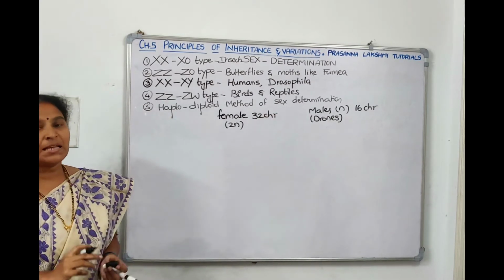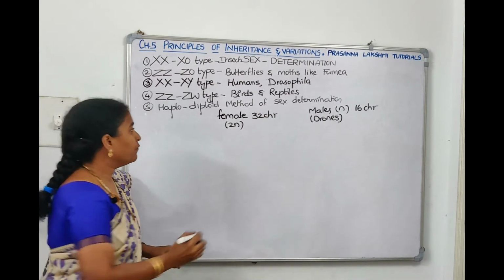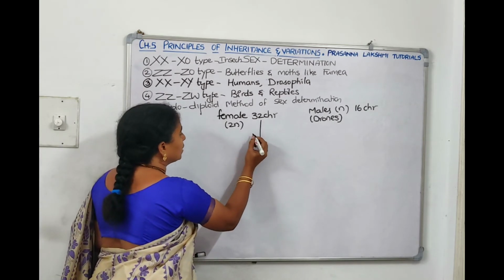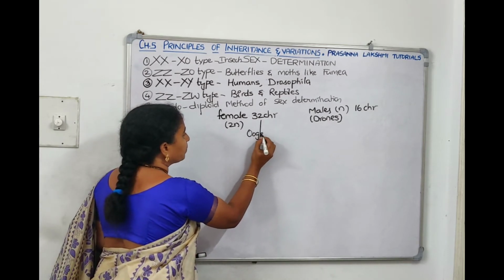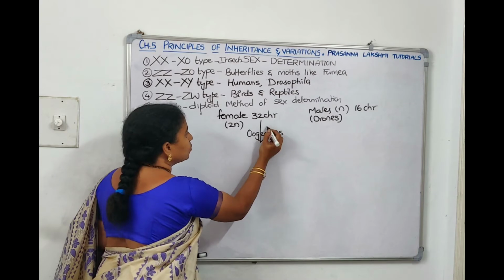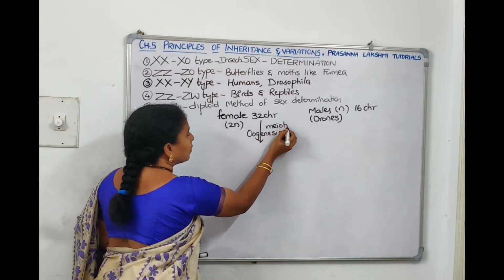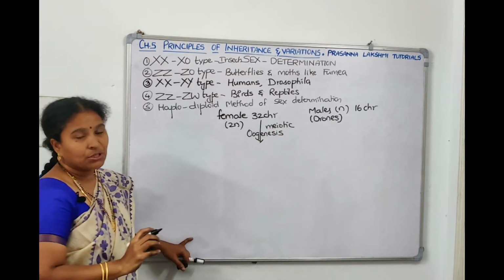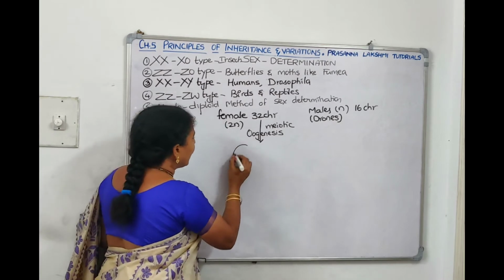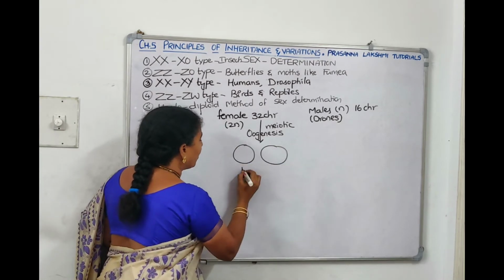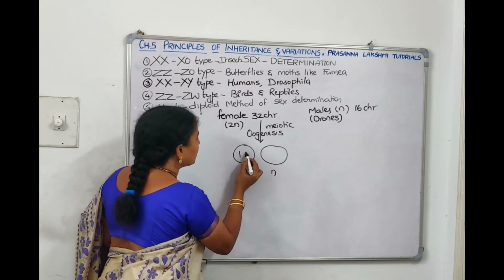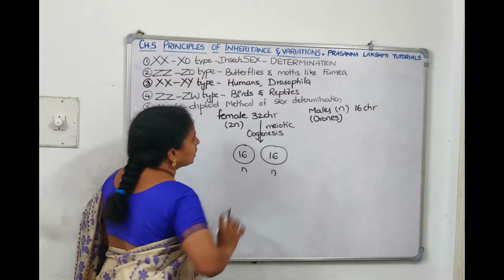Now if the female has a 2N condition, when the female undergoes gametogenesis, oogenesis, she does meiotic division. Because it is 2N, you can do meiotic division. Then she will produce eggs which are haploid, meaning having 16 chromosomes.